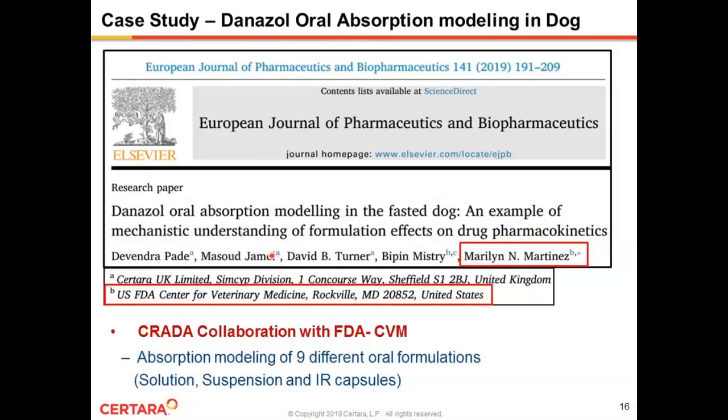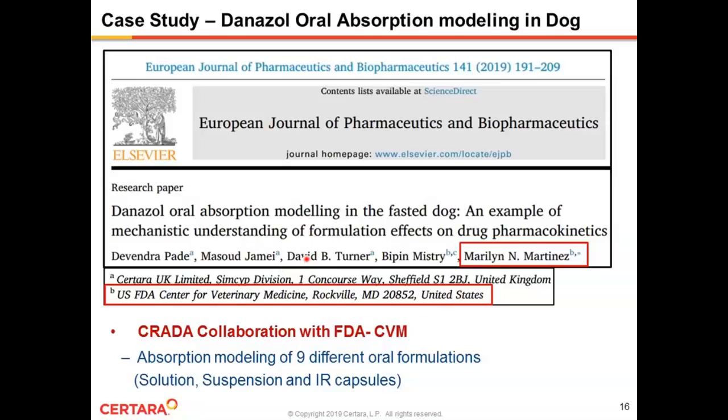This was an example of modeling the oral absorption of Danazol in the fasted dog using the Simcyp dog model. One of the highlights of this work was that it comes out of a collaboration with the FDA Center for Veterinary Medicine, and Simcyp basically has a CRADA with the FDA.